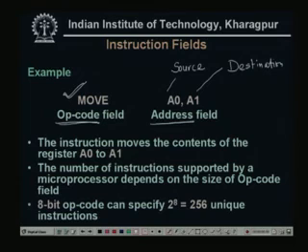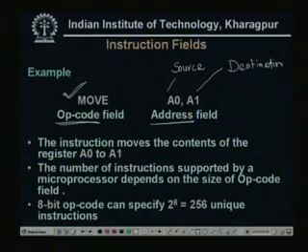The number of instructions supported by a microprocessor depends on the size of the opcode field. Now all of us know the computer can understand only 0 or 1. So the number of operations allowed depends on the size of this opcode field.